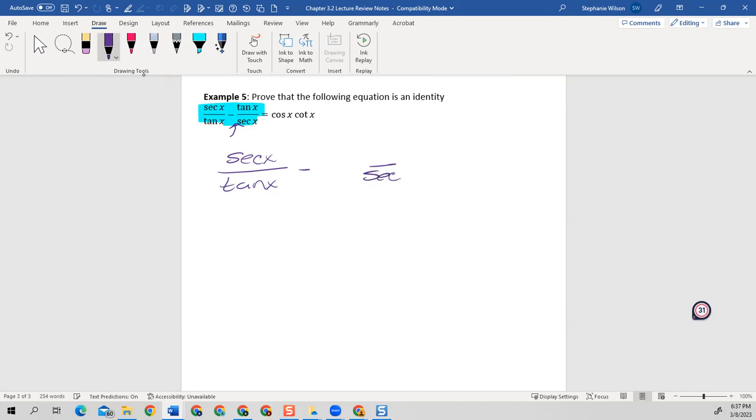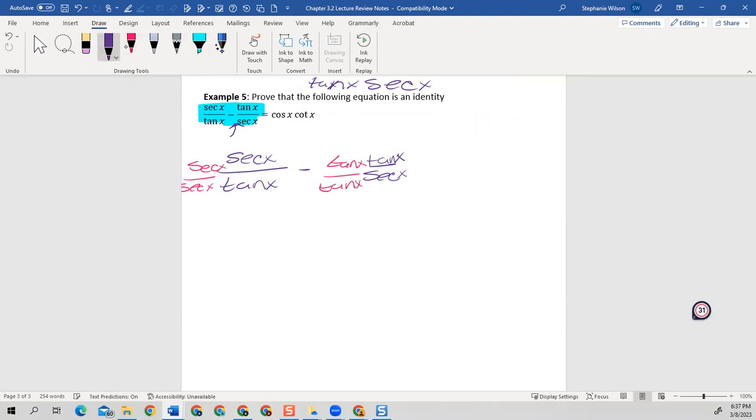And what do I see as the common denominator here? I see that tangent x and secant x is my common denominator. So what I need to do is multiply top and bottom on this one by the secant x. I'm going to multiply top and bottom on this one by tangent x.